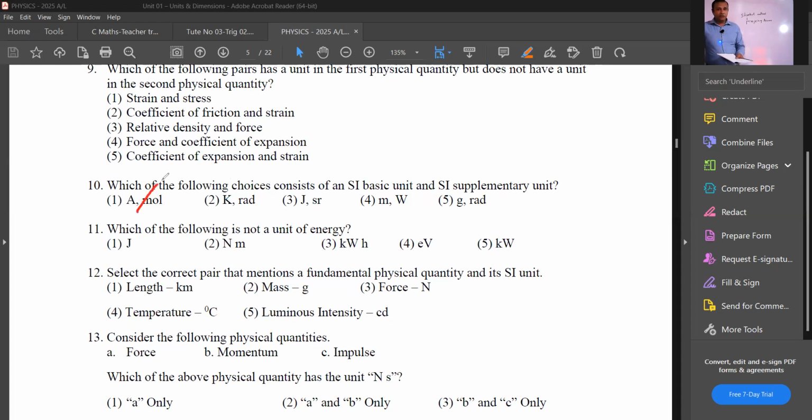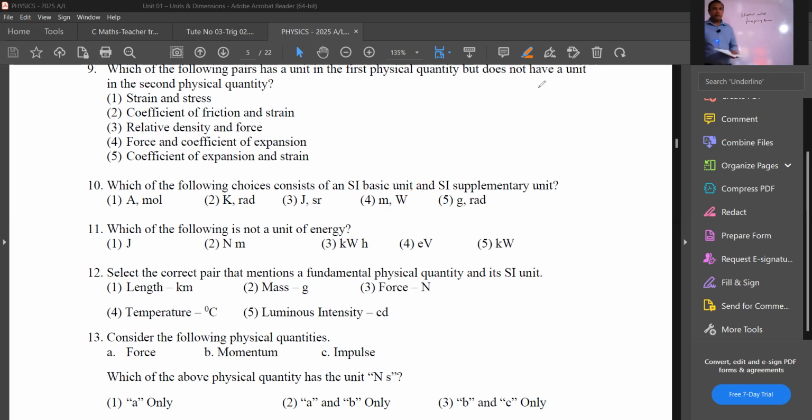Then I can remove this one and this one, because those do not have radian or steradian. So if we want to choose an answer, we should choose among these three, so the possibility of getting the correct answer will be high.